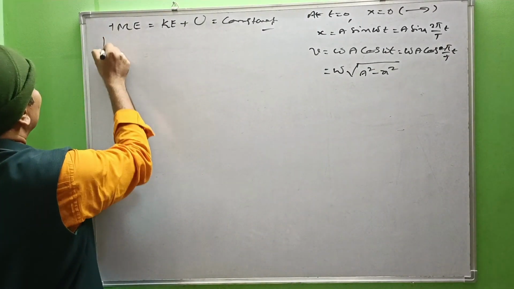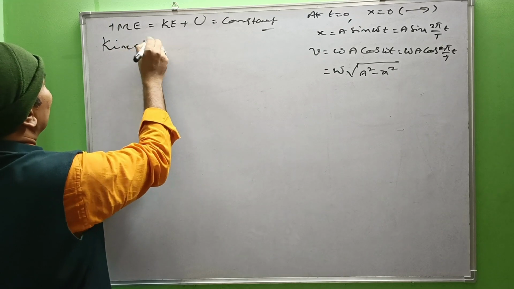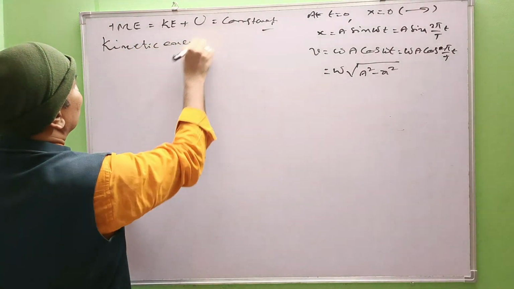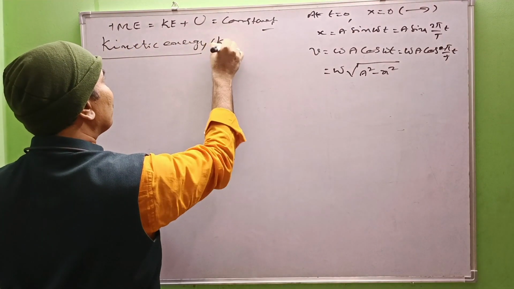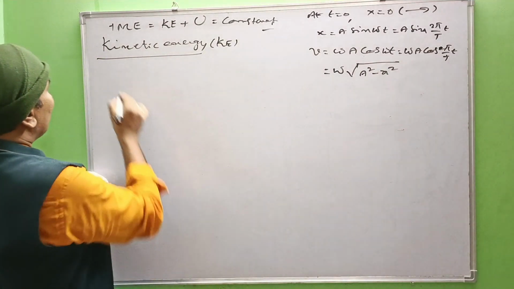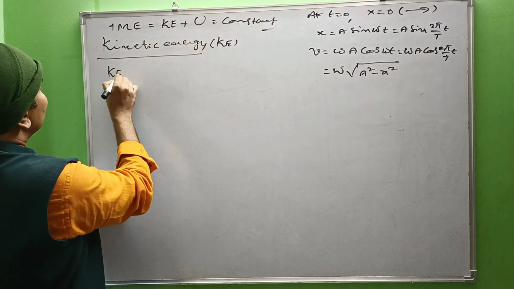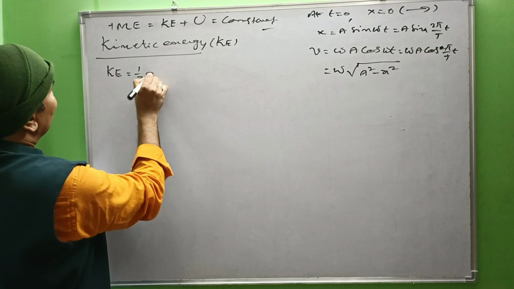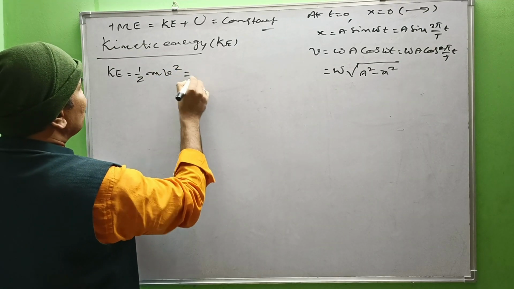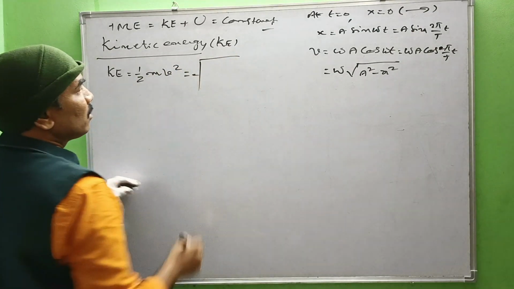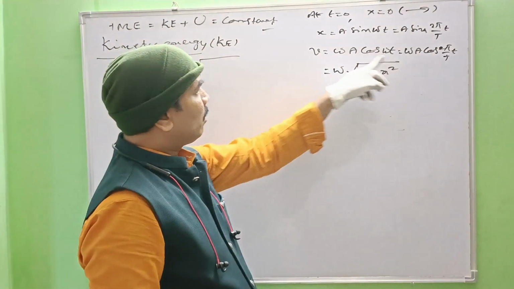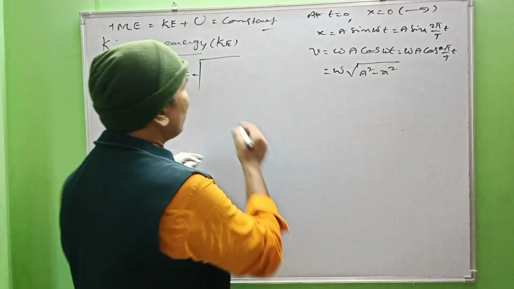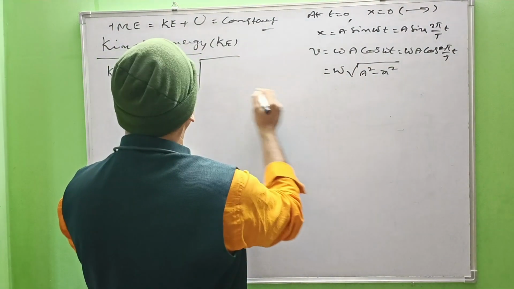Now kinetic energy. What is the expression for kinetic energy? Kinetic energy equal to half m v square. See here we have two forms for speed. v equal to omega into root over a square minus x square.